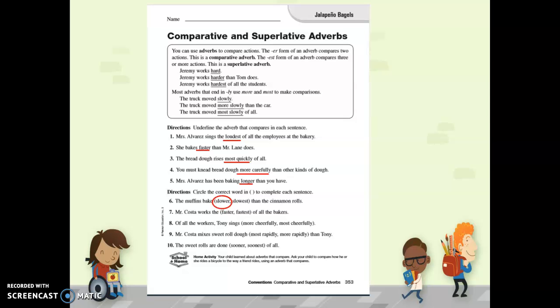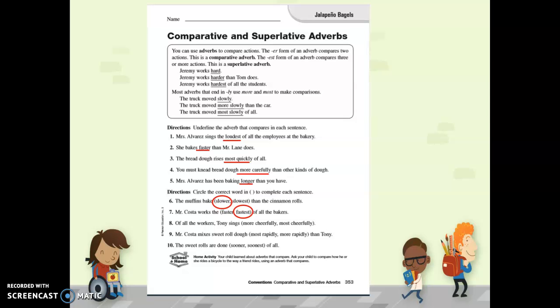Slower, because we are comparing two actions. Number 7, Mr. Costa works the faster or the fastest of all the bakers. If we compare with all, that means we have to add EST. So it's fastest. You have to be very careful with that.